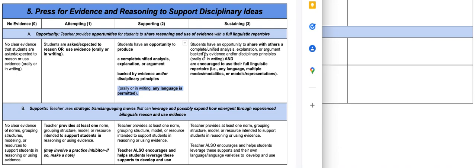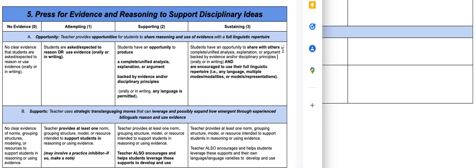Okay. And then to get to a level 3, we need to see students having an opportunity to share with others their complete unified analysis, backed by evidence and or disciplinary principles. So with the operative difference so far being they need an opportunity to share with others. So they're not only producing it, they're sharing it with others.